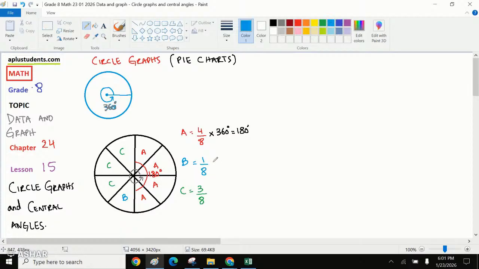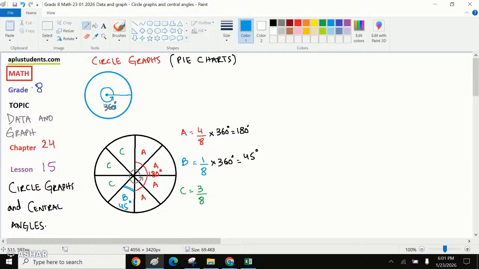What about B? We can say 1/8 of 360, so we can simply write 360 divided by 8. It comes out to be 45 degrees, right? So the angle for B is 45 degrees.